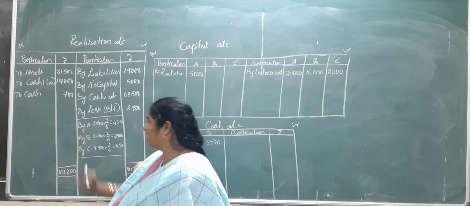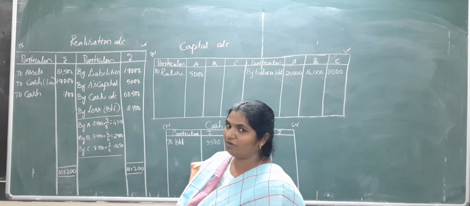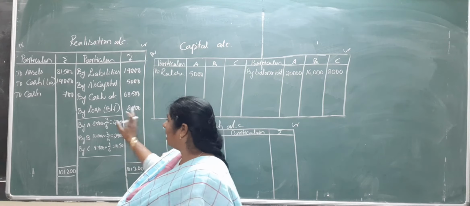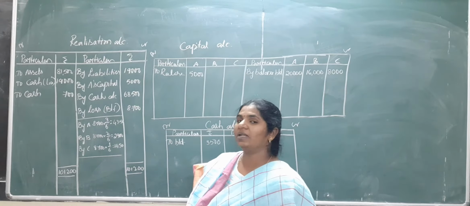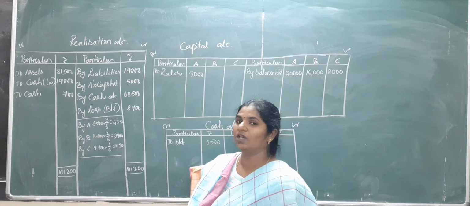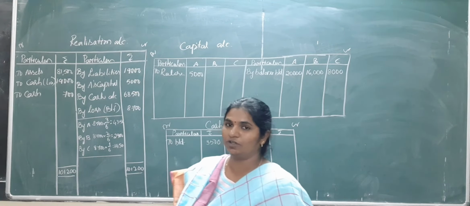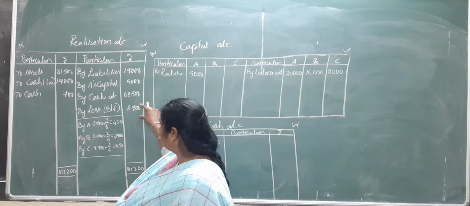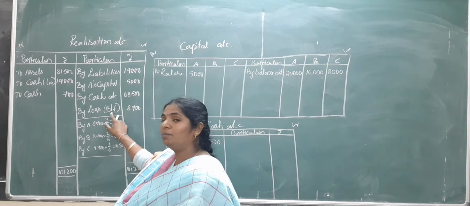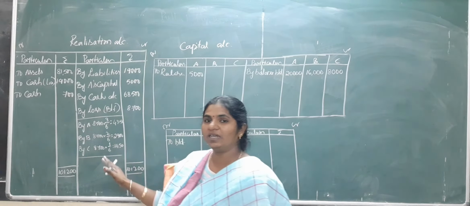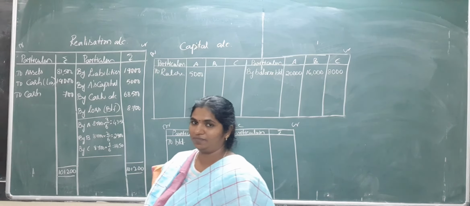After totaling, the debit side is more than the credit side, which indicates a loss arose at the time of dissolution. The total amount of loss is 8,700, the balancing figure that we have found.